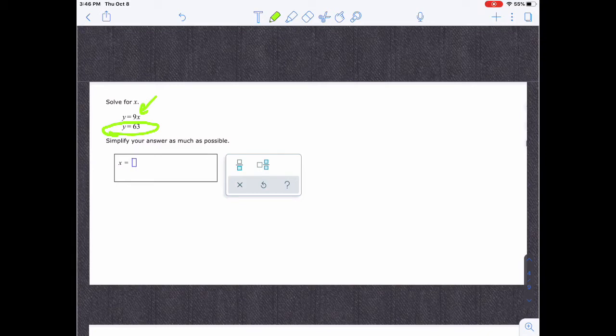And so the fact that we know that y equals 63, we can do a little substitution. Instead of y equals 9x, I'm going to say 63 equals 9x. Well, I can solve that, right? So this is just a little extra step for your thinking. I need to undo the 9x, and I will get 7 equals x, or x equals 7.